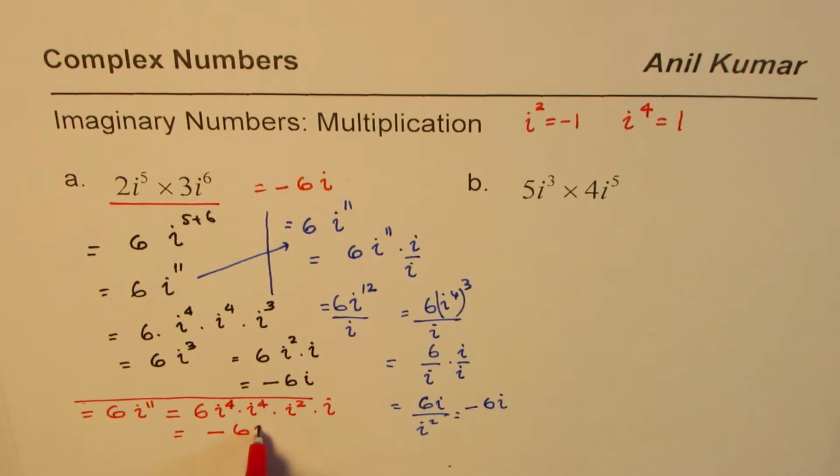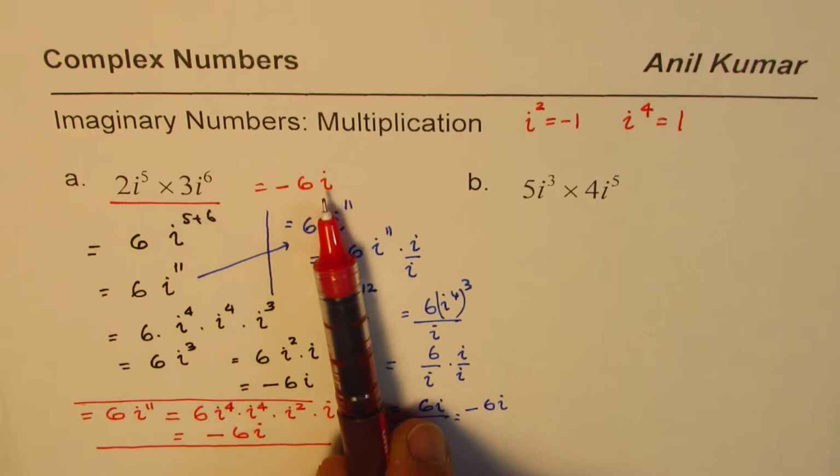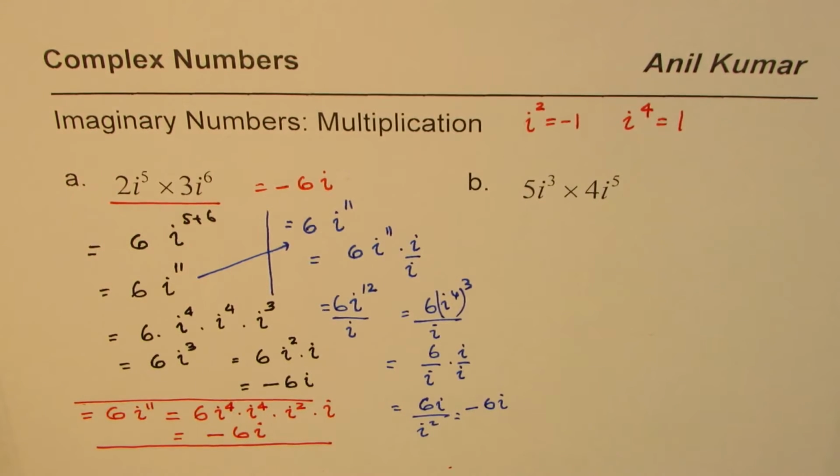So you get minus 6i. Probably this is more efficient than the other ways, but you could adopt any method to multiply. The idea is to write it down in the simplest form.